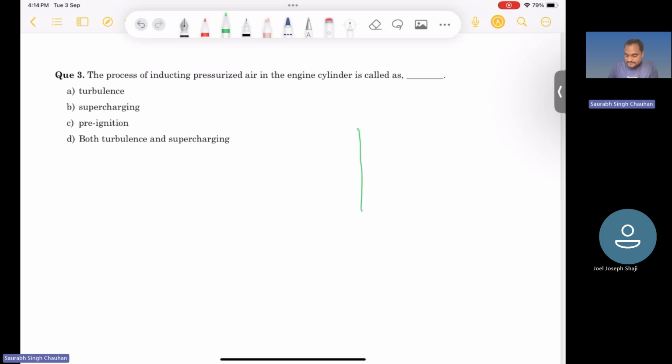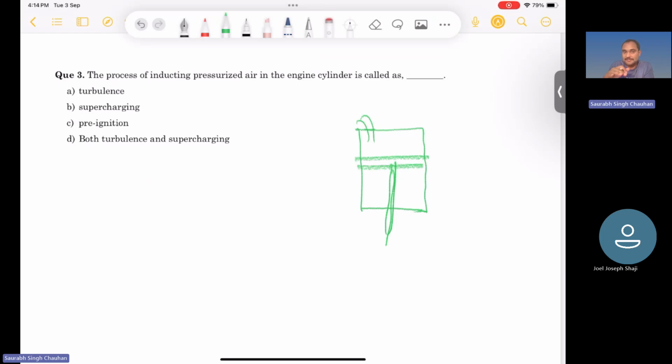We know that during the intake stroke, the air, or air-fuel mixture in the case of SI engine, and air in the case of CI engine, is inducted into the cylinder. How is it inducted? Because the piston is going down, it is creating some sort of vacuum.